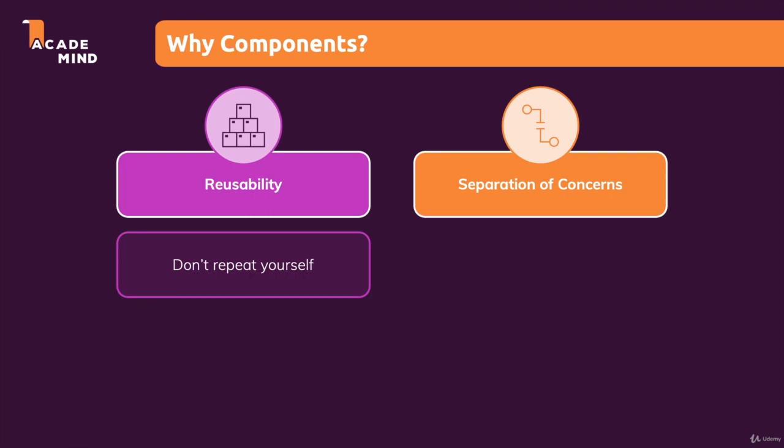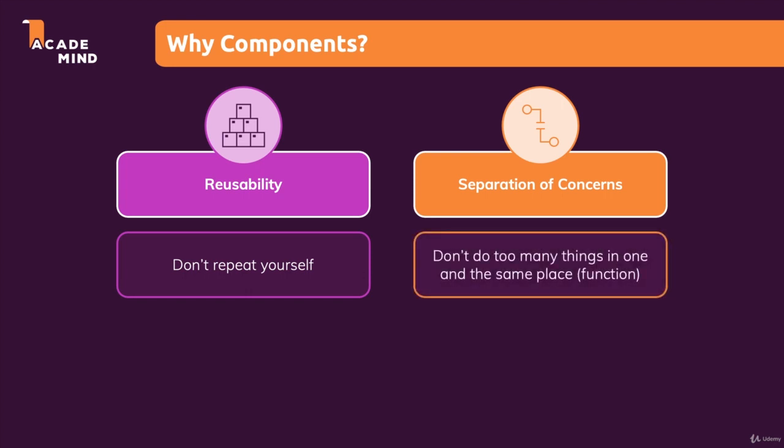Having a separation of concerns helps us with keeping our code base small and manageable. Instead of having one large file which holds all the HTML code and all the JavaScript logic for the entire user interface, we have small separated units, these components, where every component has one clear concern, one focus, one specific task it focuses on.